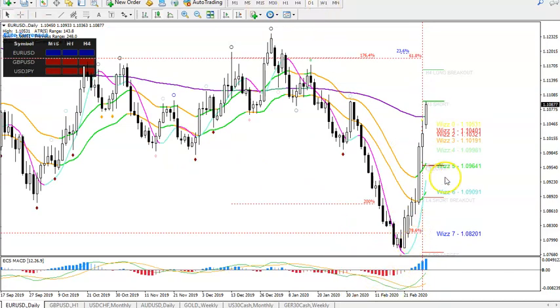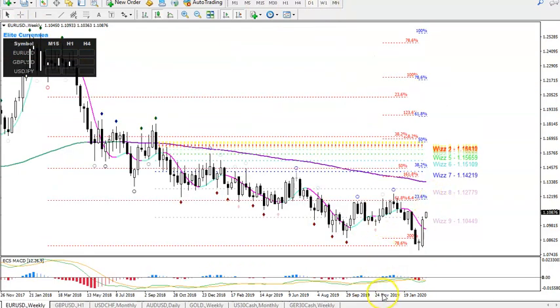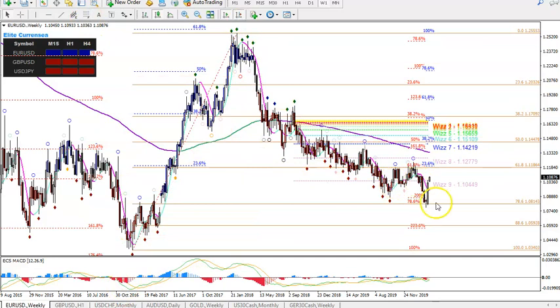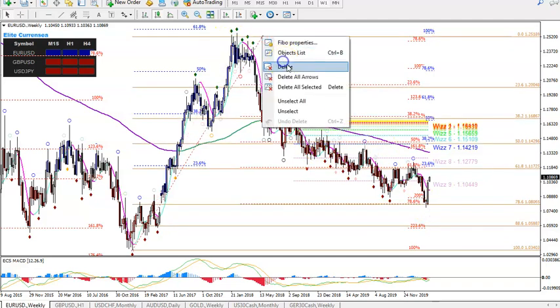If we look at the weekly chart, you can see that if we put a fib from here to here, this is a 78.6 fib bounce. I thought the price would break through it because of the momentum, but now that it's bouncing, I think that could change perspectives pretty dramatically.